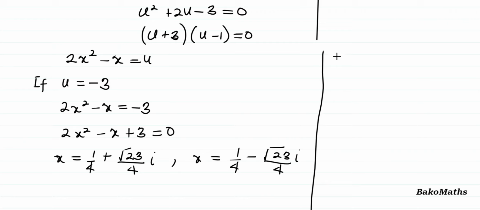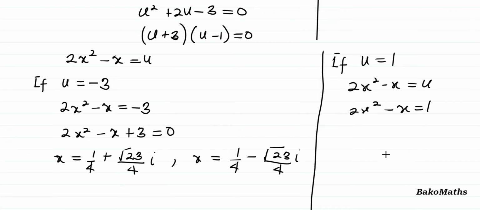So we have here, if u is equal to 1, then we said that 2x² − x should be equal to u, which means our 2x² − x is now equal to 1. Here we can transpose 1 to the left hand side, and we have this.